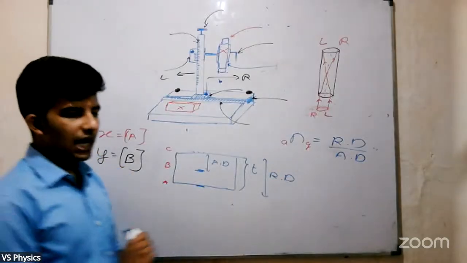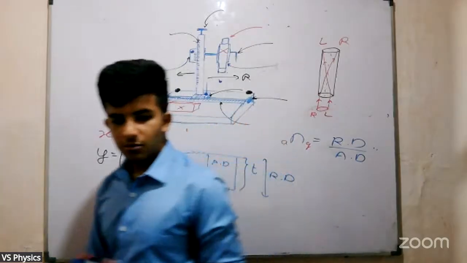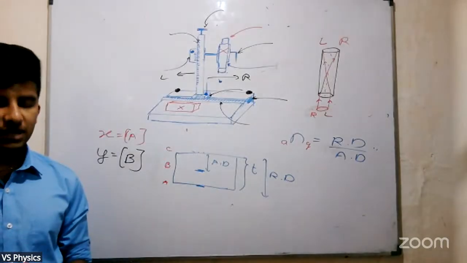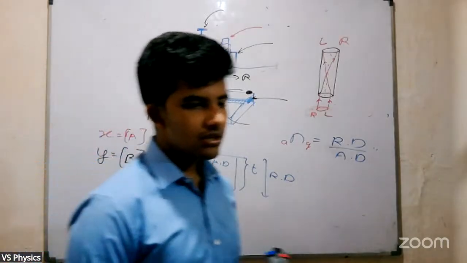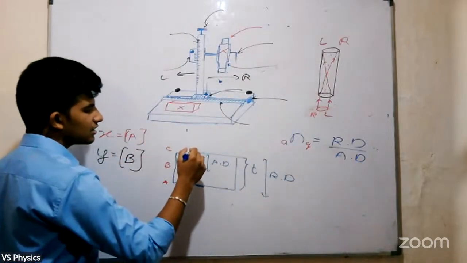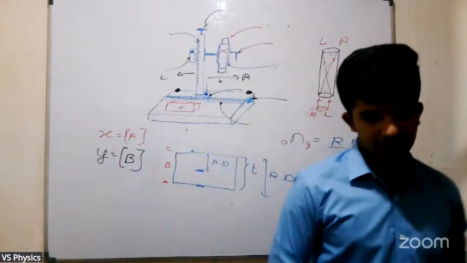Because the particles of the lycopodium powder are really small, so the increment in height or thickness due to the lycopodium powder will be negligible. Therefore, we use lycopodium powder.